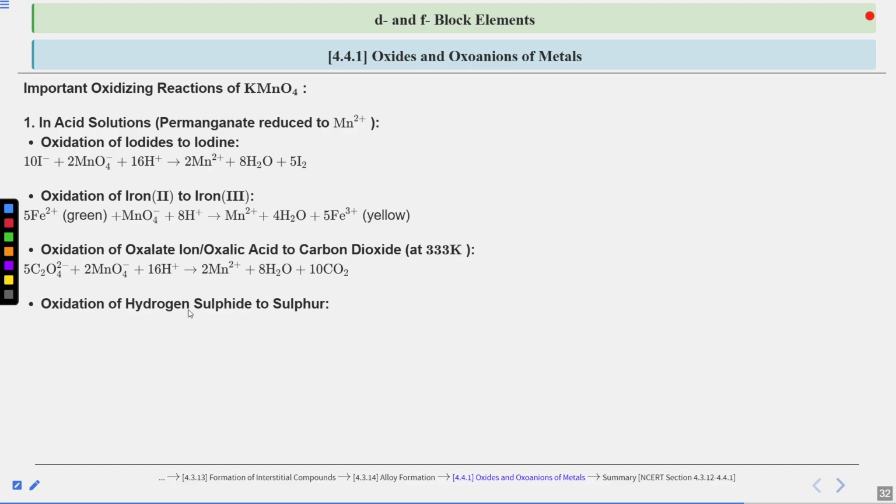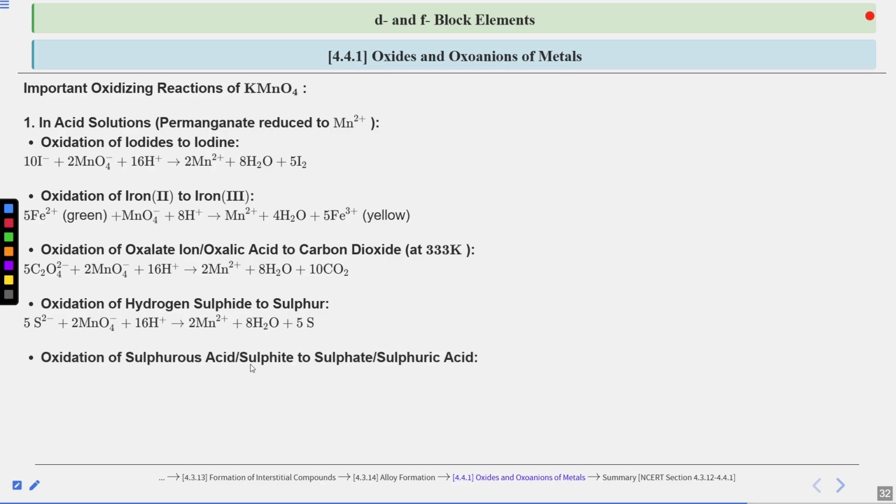Fourth, oxidation of hydrogen sulfide to sulfur. So 5 S2 negative plus 2 MnO4 minus plus 16 protons react, forming 2 Mn2+, 8 water molecules and 5 sulfur atoms. So sulfide converts to sulfur and permanganate is reduced to Mn2+.